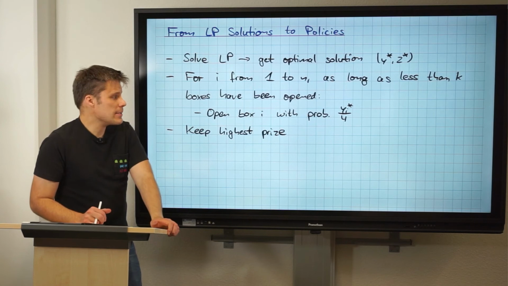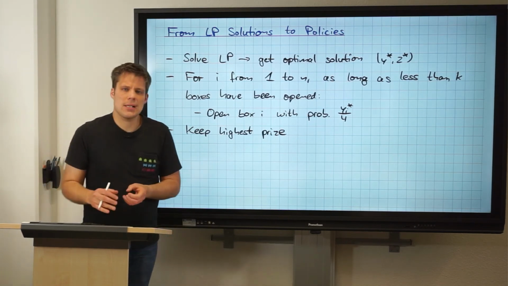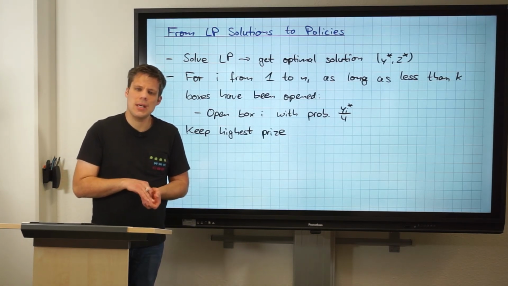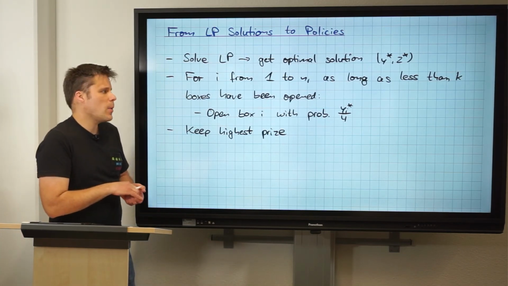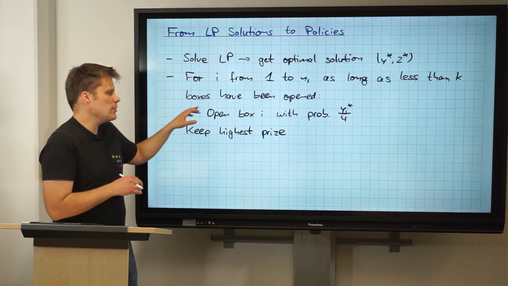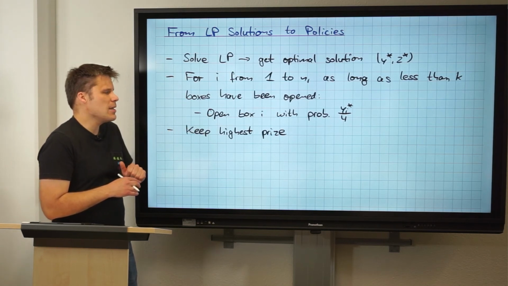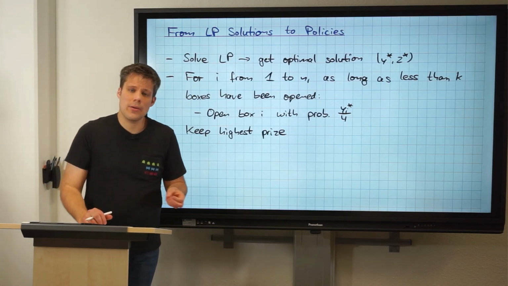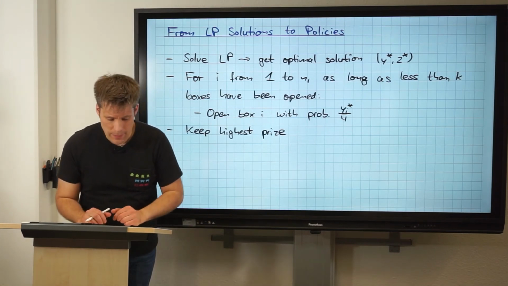How do we analyze this? Well, we analyze this by now considering a slightly different policy, which does something that we actually don't have to do, namely, it commits to keeping a box when it sees its contents. So what we'll do here is we'll replace this keep the highest price and we'll move inside this for loop a decision whether we keep the current price or whether we keep opening boxes.